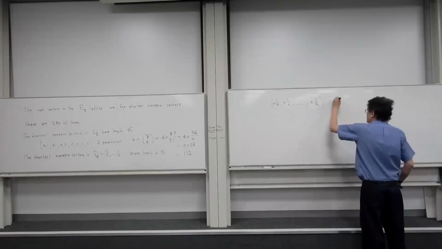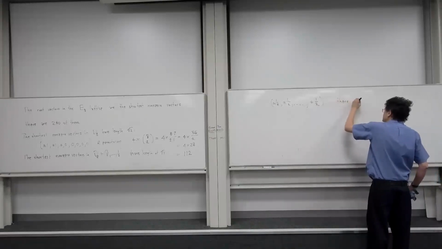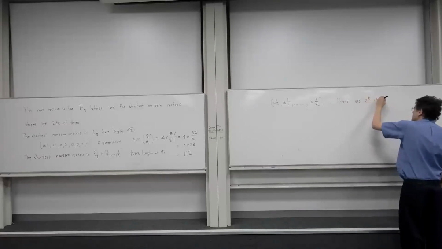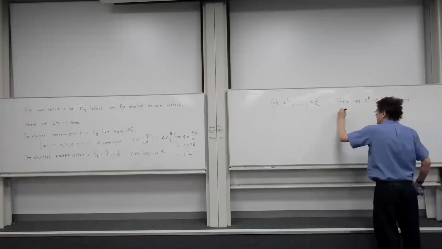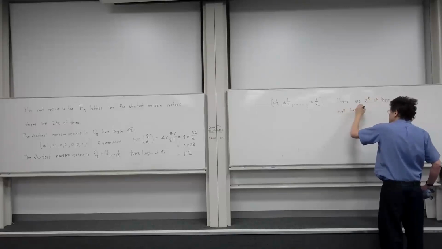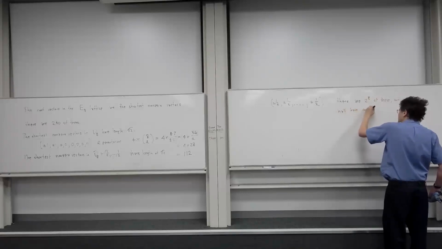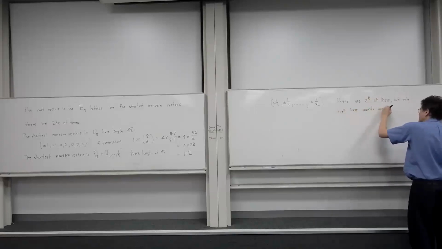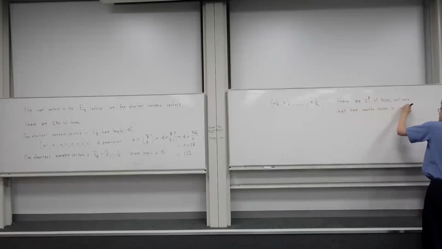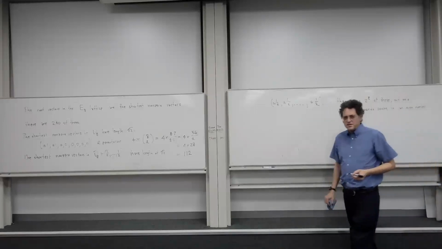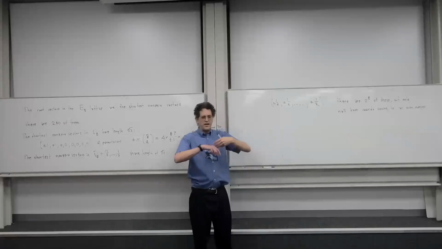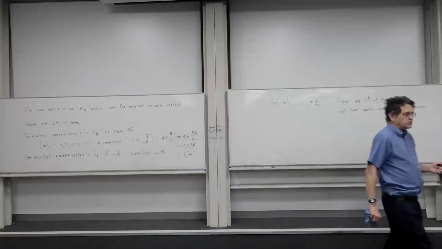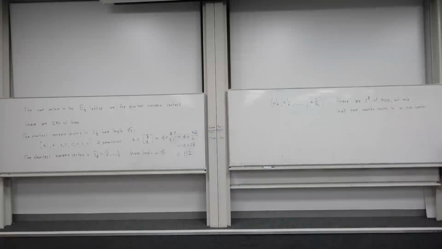So there are 2 to the 8th of these, but only half of them have coordinates summing to an even number. You can play around with some and you'll see that. Obviously, if you switch one of these signs, it switches from adding up to an even number to an odd number. So that's why half of them are going to be even and half are going to be odd.